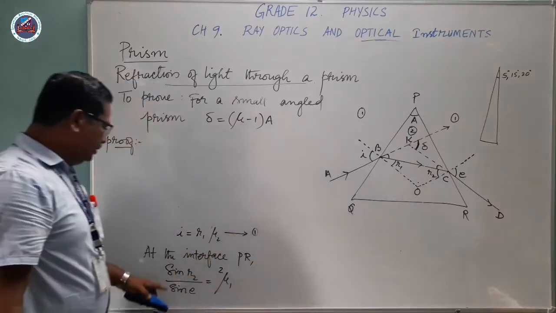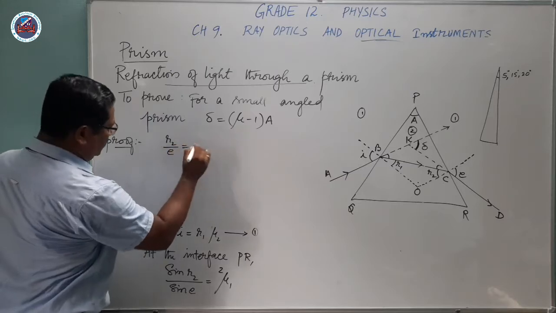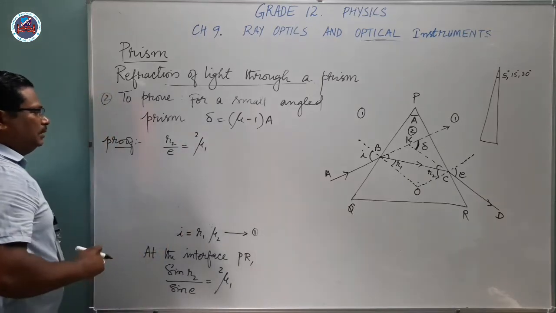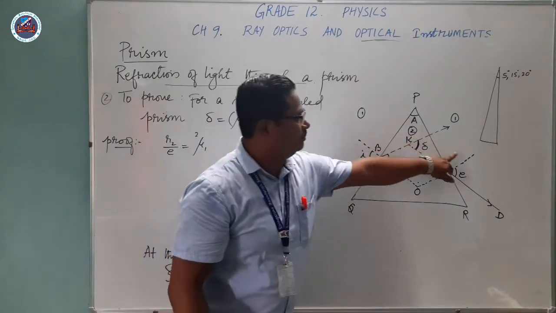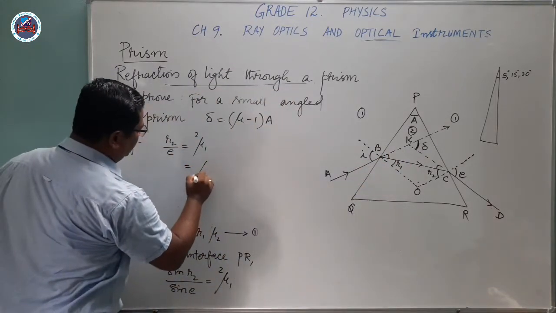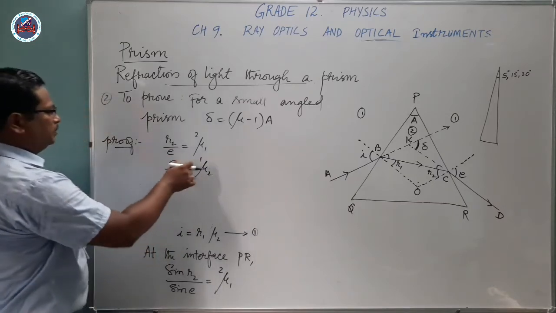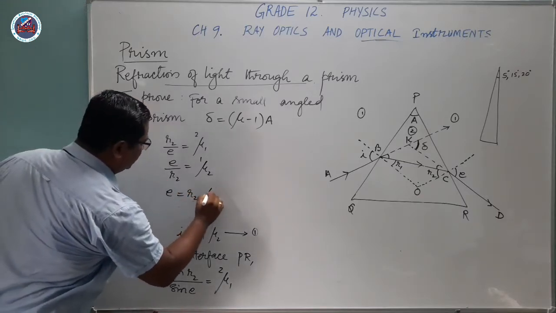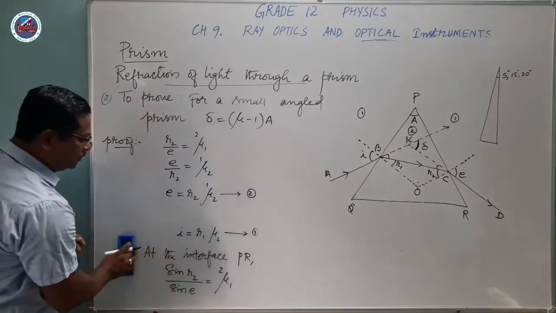Here also for small angles, we can write it as R2 divided by E is equal to refractive index of first medium with respect to second. But that comes the reverse way. We are going to find out the refractive index of glass, so we make it refractive index of second medium with respect to first, and this will be E divided by R2. Reciprocate it on both sides. So from here you will get E is equal to R2 times refractive index of second medium with respect to first. Let us mark this as equation number 2.